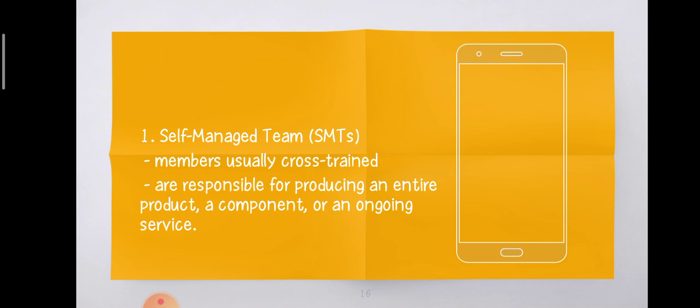They can be like a jack of all trades. They can schedule their own work, select their own work methods, and order their own materials. Anybody in that particular team could do this work, because they are cross-trained.